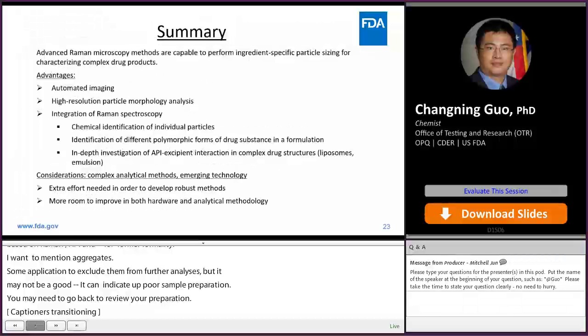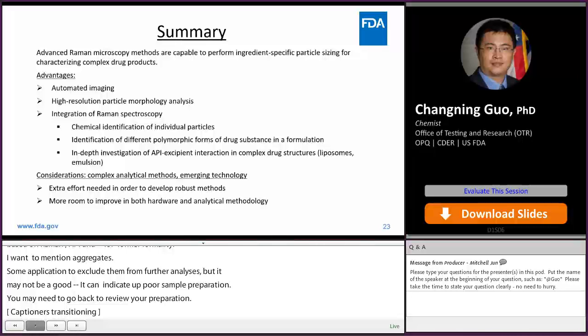Here comes the summary. Advanced Raman microscope methods are capable of performing automated imaging, high-resolution particle morphology measurement, chemical identification, and polymorphic form identification. Some of the advanced systems can even perform in-depth investigation of API excipient interaction in complex drug structures.